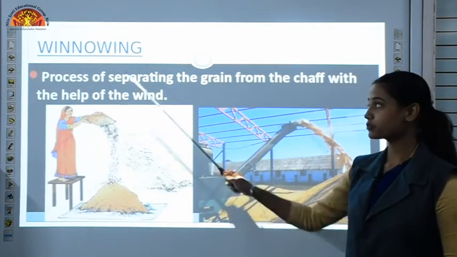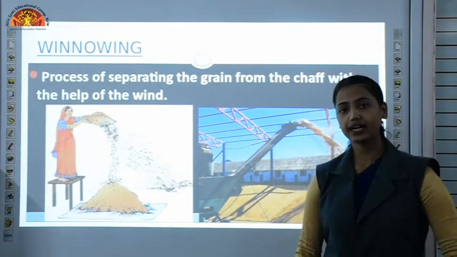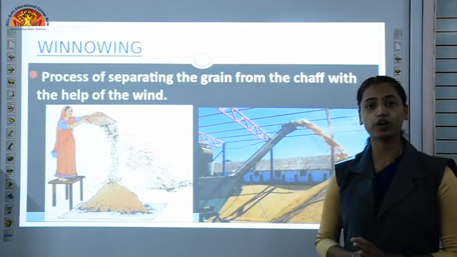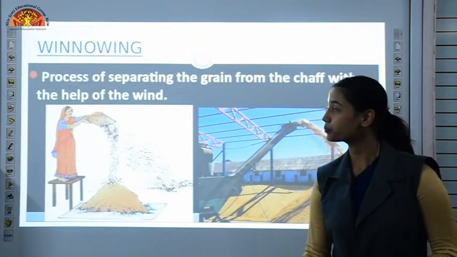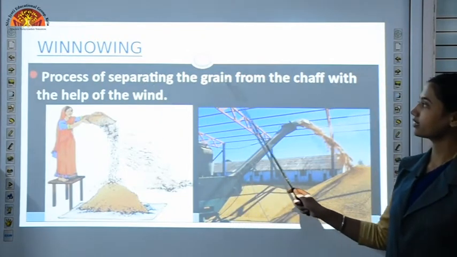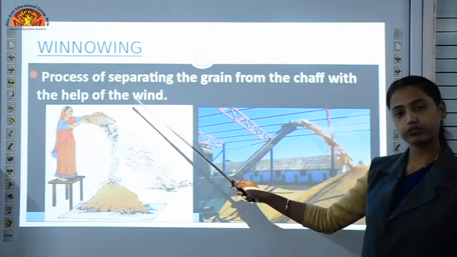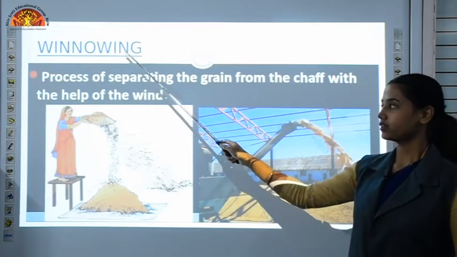After threshing comes winnowing. You know that still we do not get pure grains, we get a mixture of grain with chaff. So the process of separating the grains from the chaff with the help of the wind is known as winnowing.